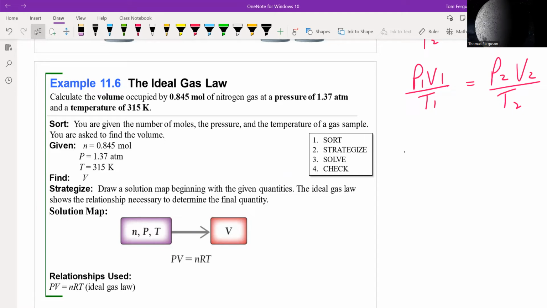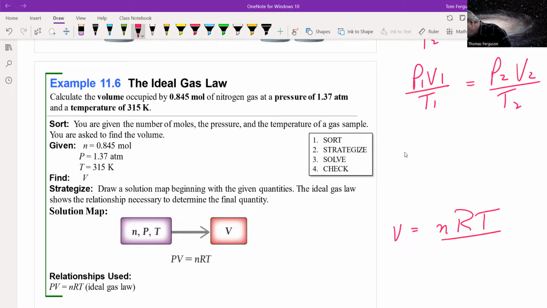So with the ideal gas law in static conditions, there are four variables: moles, pressure, temperature, and volume. In this problem, they're asking you to find the volume. All you're going to be doing now is solving for V, and you just plug it in. Okay?